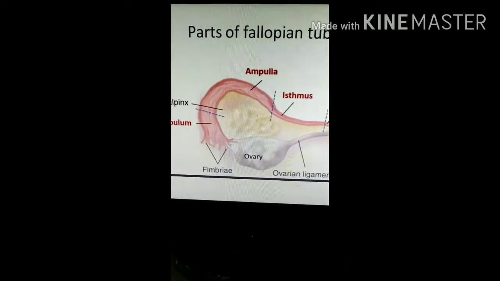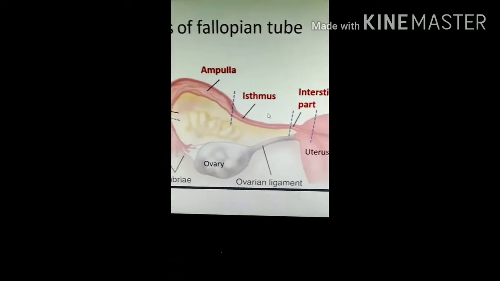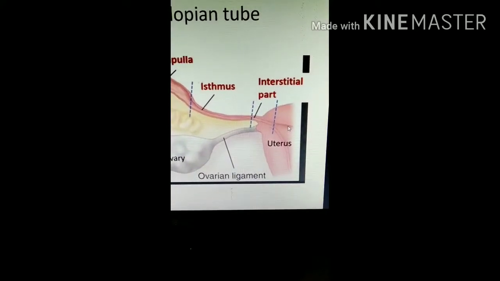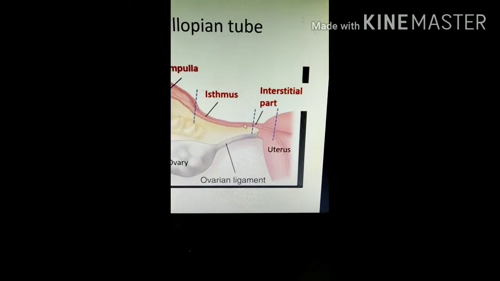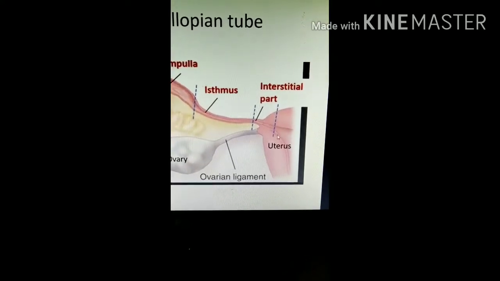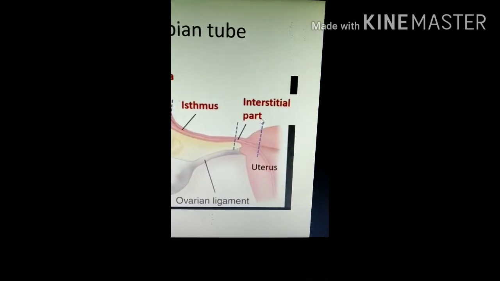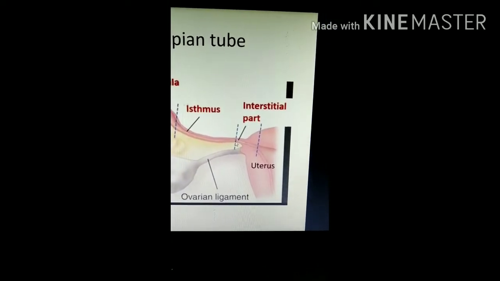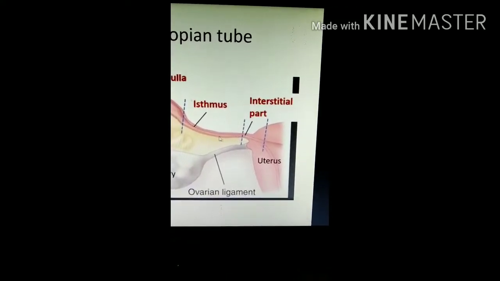Now the parts, the gross anatomy of the fallopian tube. The uterine tube starts within the uterine cavity. So the first part is within the uterus, that is the interstitial part, also known as the intramural part. After that it is the isthmus, the most narrow part.